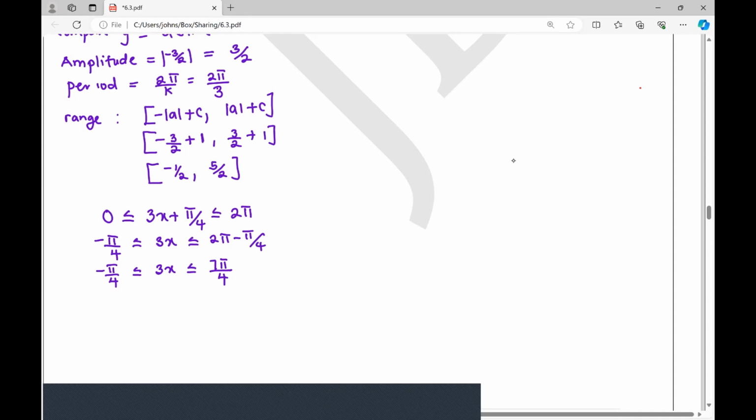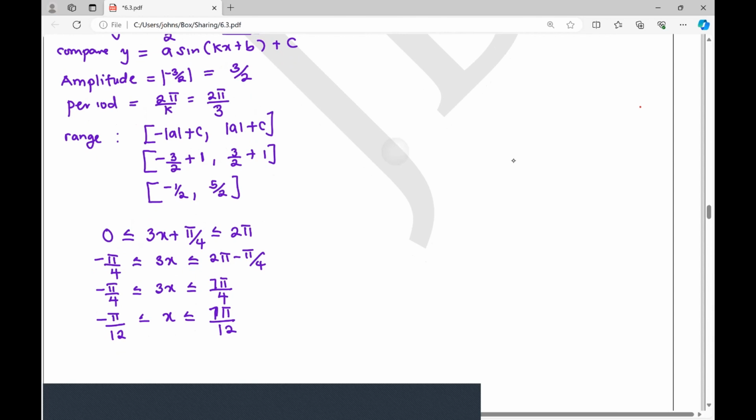Now divide both sides by 3. So this is minus pi over 12 less than x, and this is less than 7 pi over 12. Okay. All right. So this is what we have.